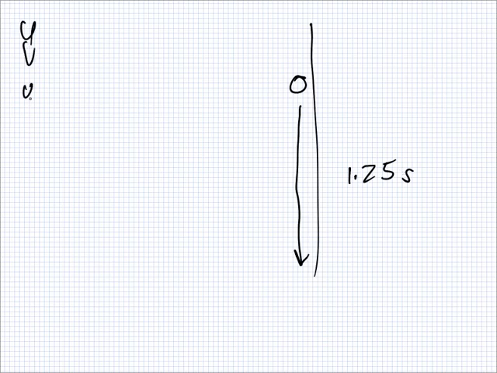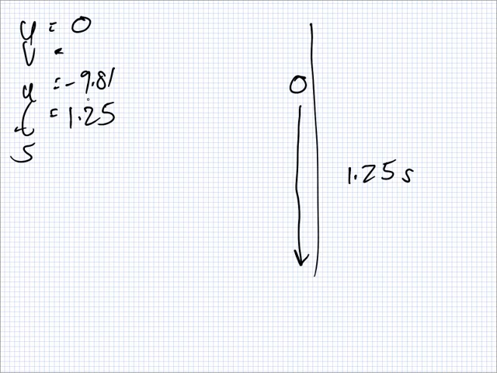Okay, UVATS. What's the U? 0. Because remember, we just said it stuck to the wall. The V, we don't know. The A is minus 9.81, and the T is 1.25. So how can I get the S? What formula? S equals UT plus a half AT squared.